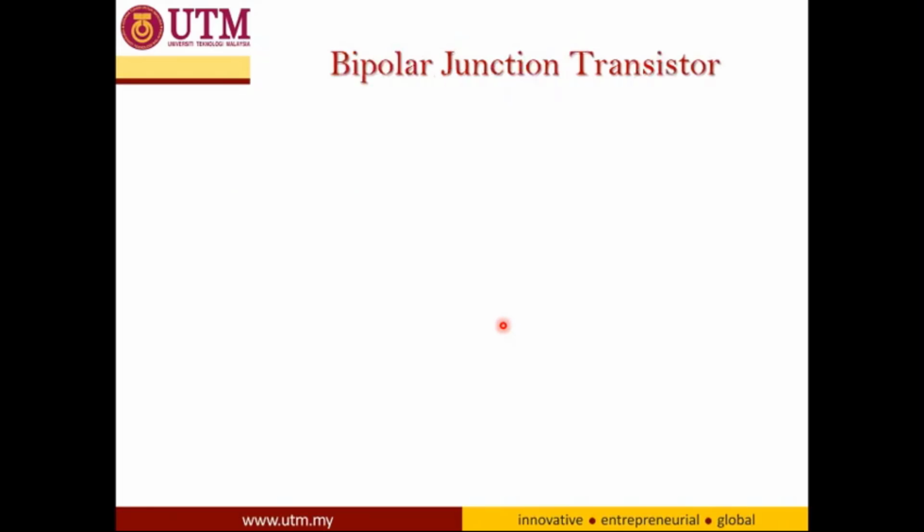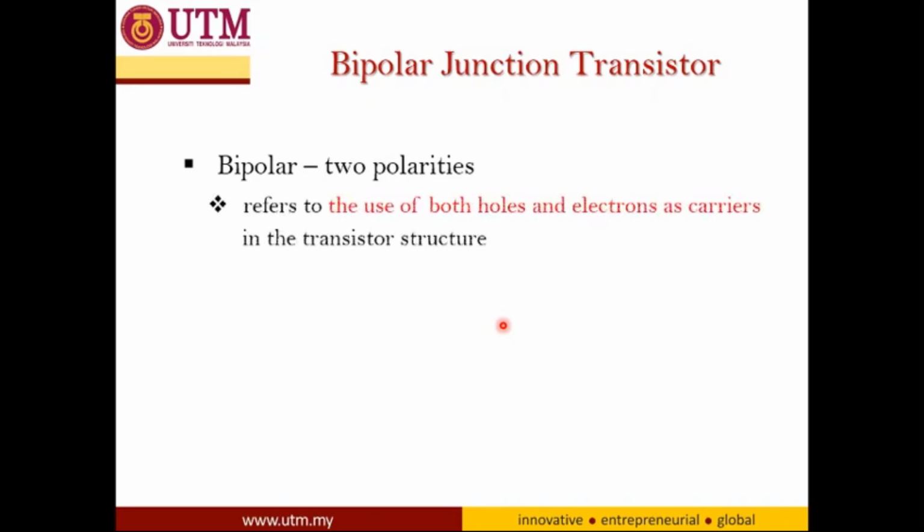Okay, what is a bipolar junction transistor? The word bipolar refers to two polarity. Actually it refers to the use of both hole and electron as carrier in the transistor structure. If we recall the definition of carrier, carrier is the particle that carries the electric signal. So a carrier should be a particle with a charge. We have two types of carriers.